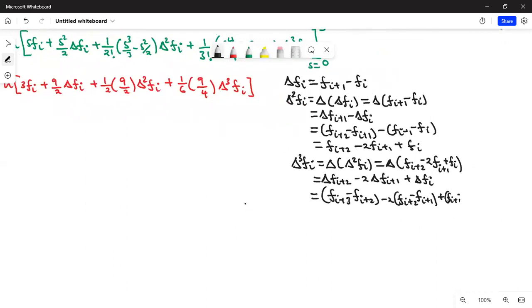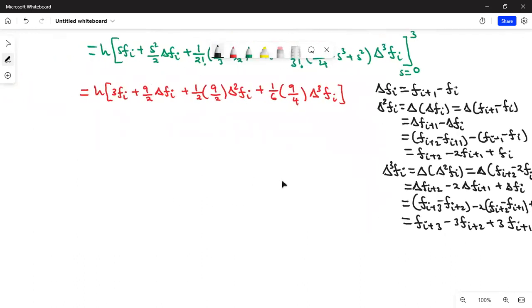So fi plus 1, then minus, remember this is 1, minus fi. So when you simplify, you get fi plus 3 minus 3 fi plus 2 plus 3 fi plus 1, then minus fi.